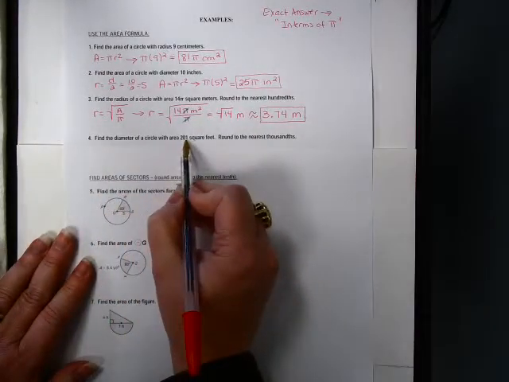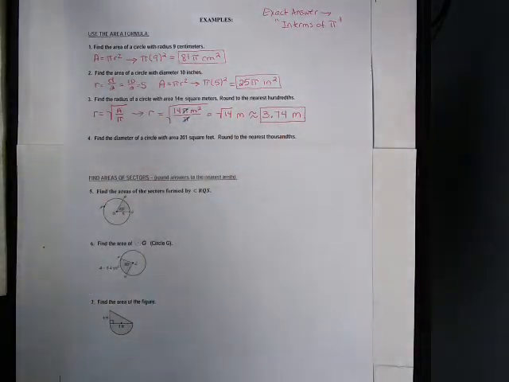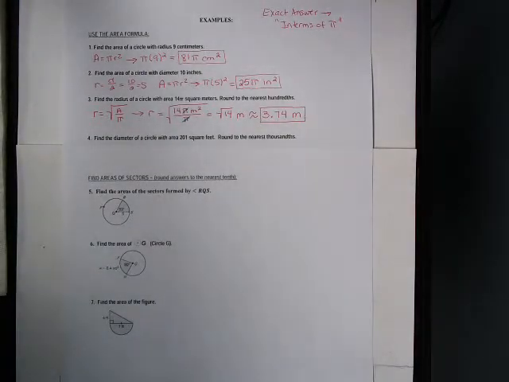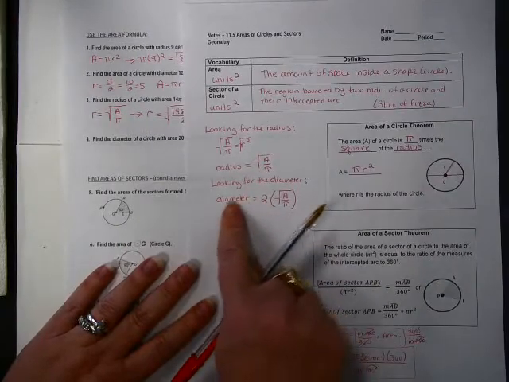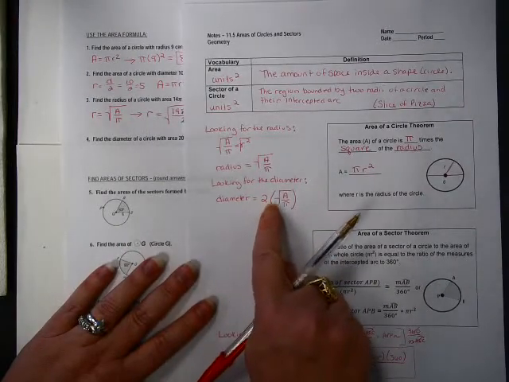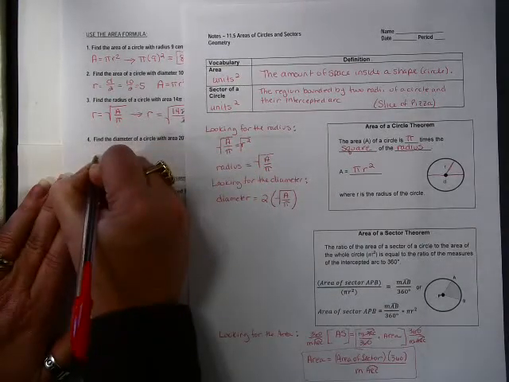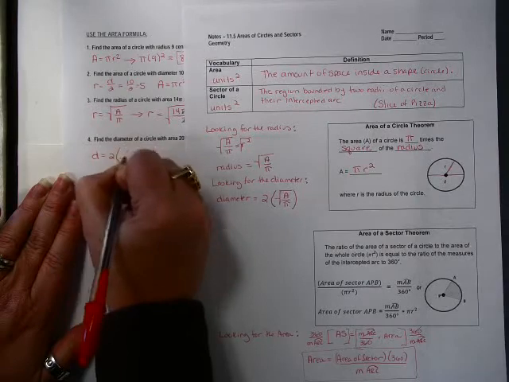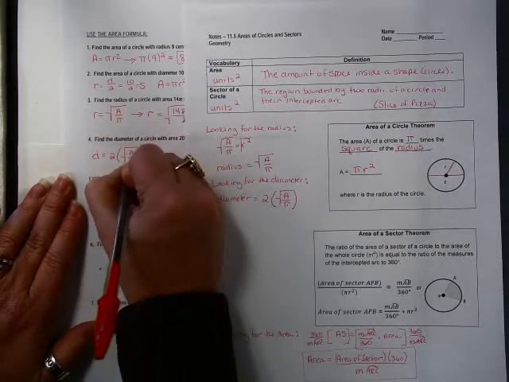Okay, number 4. Find the diameter of the circle, and they give me the area, round to the nearest thousandths this time. Okay, so remember, folks, that the diameter, when I'm looking for that, I just multiply 2 times the radius. So here, diameter is going to equal 2 times this formula, area over pi.